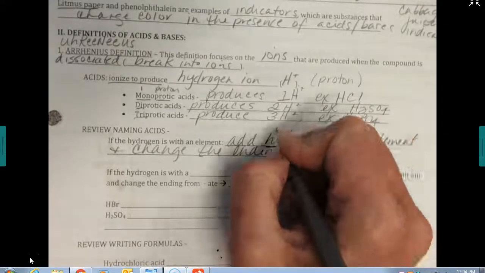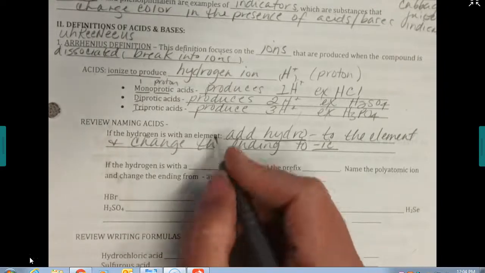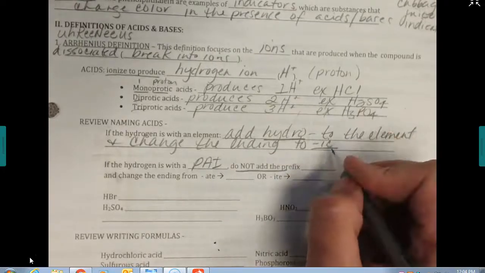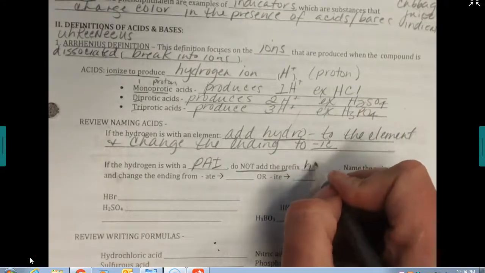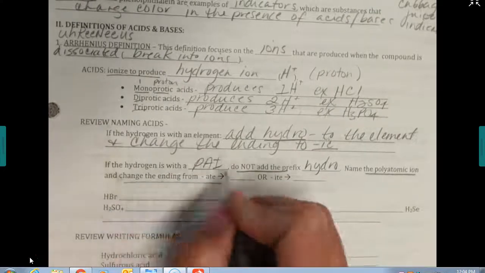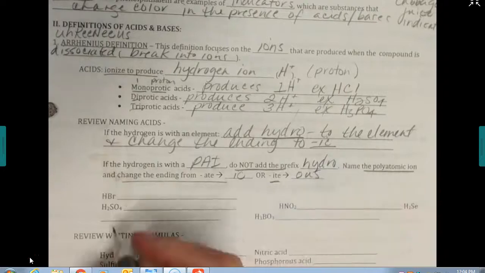So we have the prefix hydro and the suffix ic. If the hydrogen is with a polyatomic ion, do not add the prefix hydro. We're going to name the polyatomic ion, change ate to ic, and ite to ous.